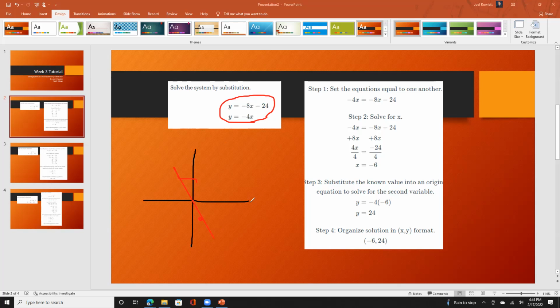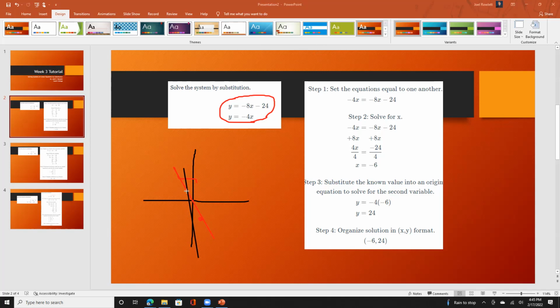And then if I were to sketch y is equal to negative 8x minus 24, it would be another line, and it might look something like this. The important thing to consider is that these two lines are going to cross somewhere, more than likely.